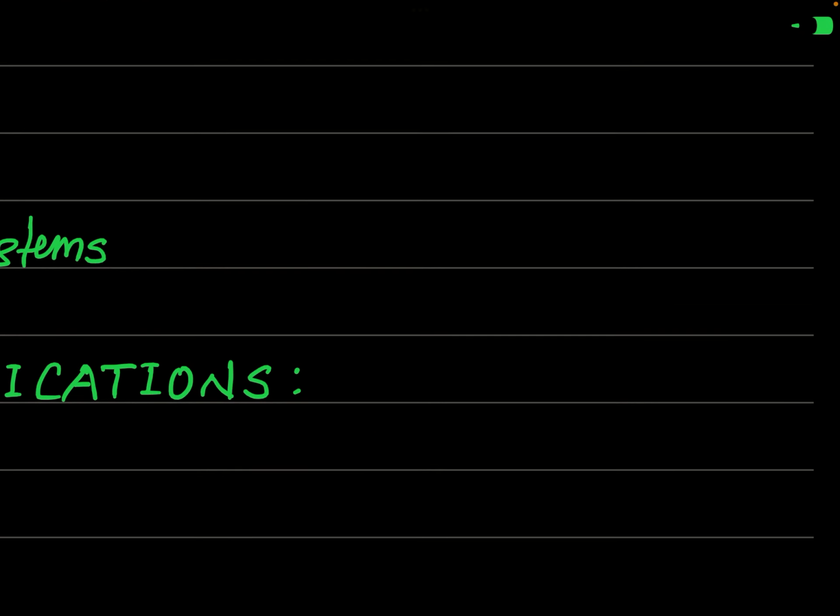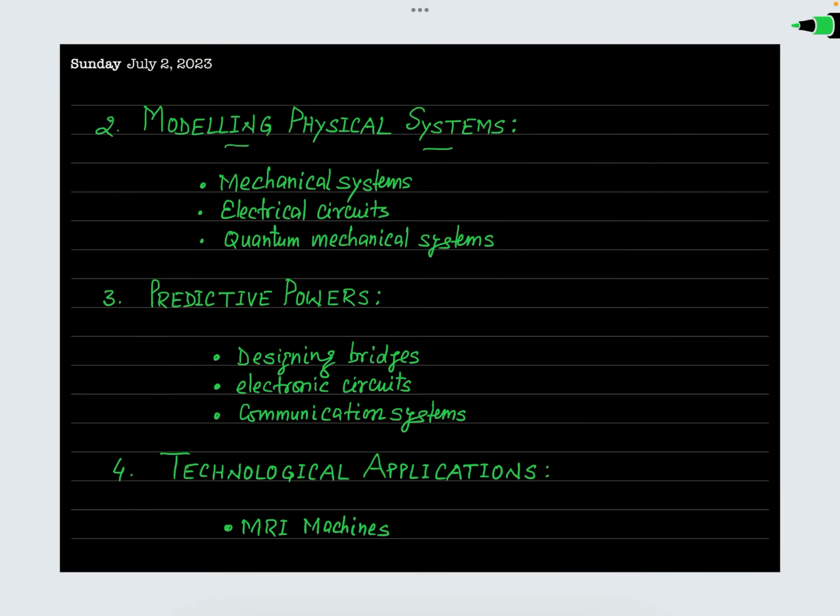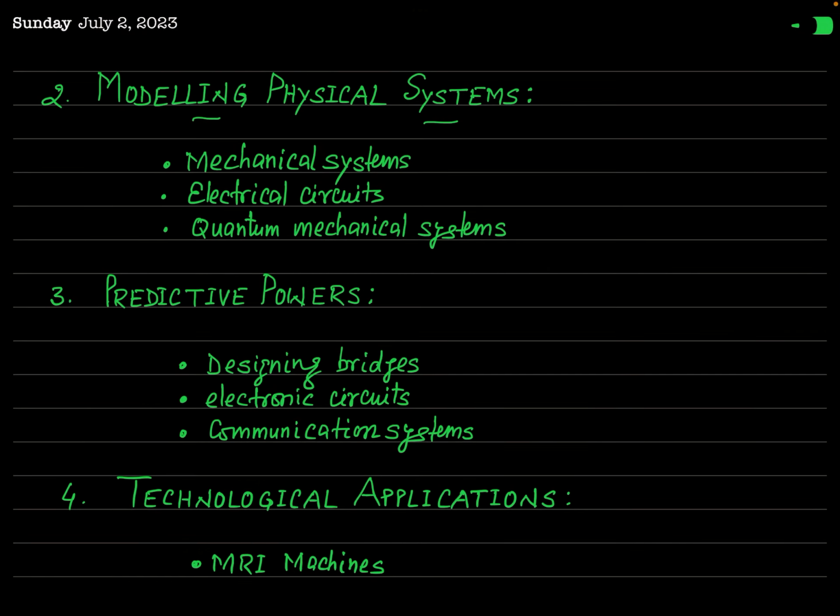So, if you have to model the mechanical system like a spring mass system or simple pendulum or compound pendulum or torsional pendulum, or you want to model the electric circuit, particularly the LC oscillation or LCR circuit, and quantum mechanical system like the diatomic molecule vibration or the triatomic molecule vibration, definitely, you can use the concept of waves and oscillation.